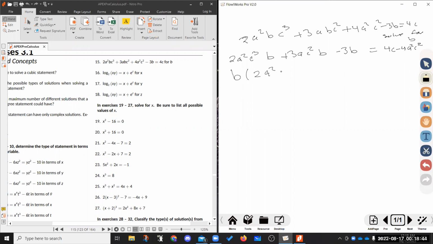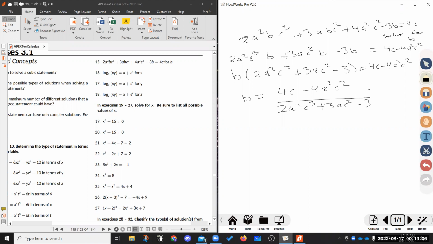It's 2a squared c cubed plus 3ac squared minus 3 equal to 4c minus 4a squared c squared. So b is going to be 4c minus 4a squared c squared, all divided by 2a squared c cubed plus 3ac squared minus 3.